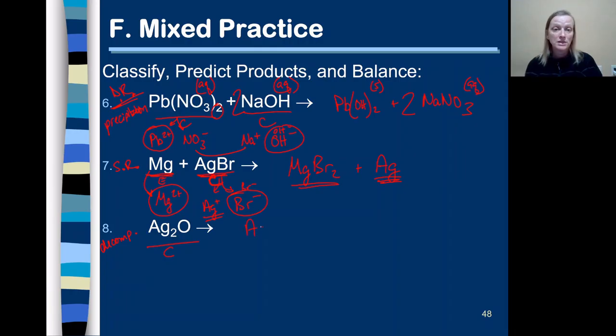So we would create silver element and the oxygen element, remembering that oxygen is diatomic, so it does need to have a subscript of 2. In order to make this balanced, I have to write a 2 in front of the silver oxide, but that means I have 4 silver atoms with my 1 molecule of oxygen.